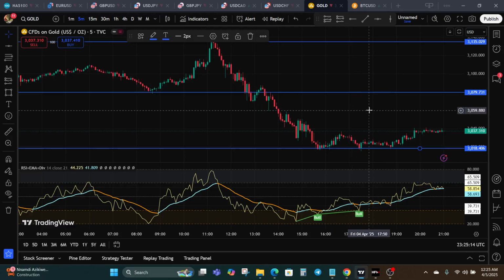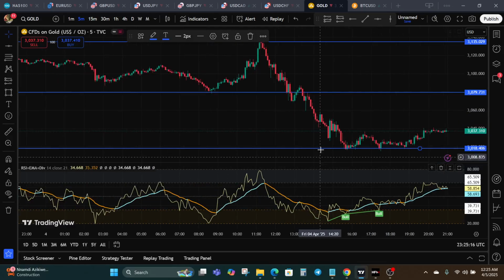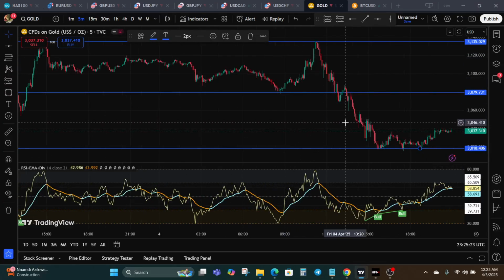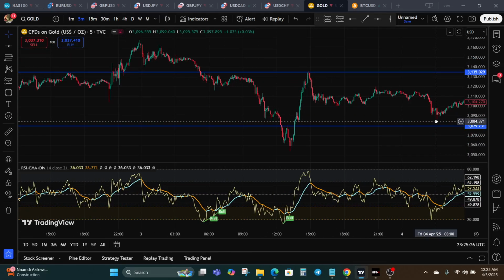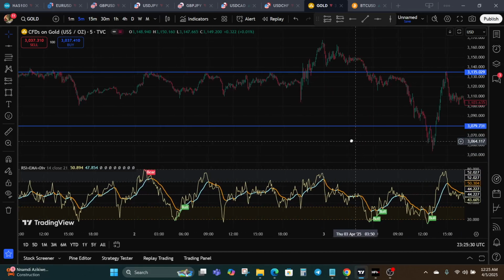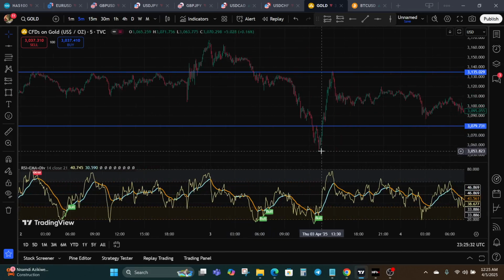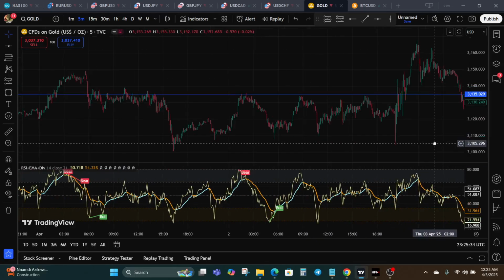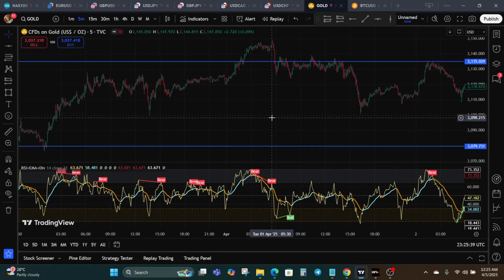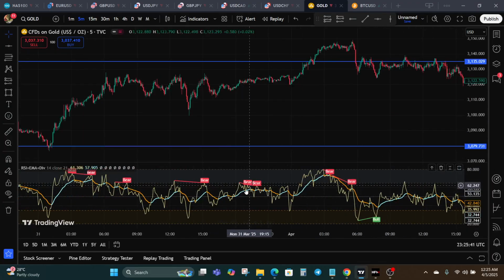For example, if price is approaching a resistance zone and the RSI is flashing bearish divergence, remember a divergence signal is when price is making higher highs and the indicator is making lower highs, so you have a bearish divergence in that case. You can see the indicator is flashing bearish divergence at these zones.